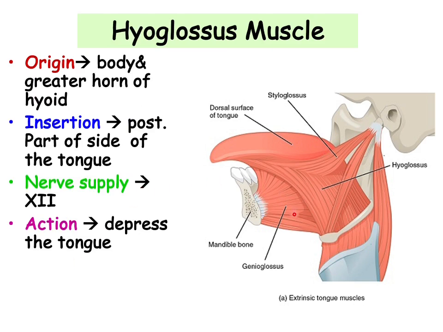The next muscle is the hyoglossus, which we said lies deep to the mylohyoid muscle, and deep to the anterior belly of the digastric and so on. This muscle originates from the hyoid bone, from the body and the greater cornu, like this.